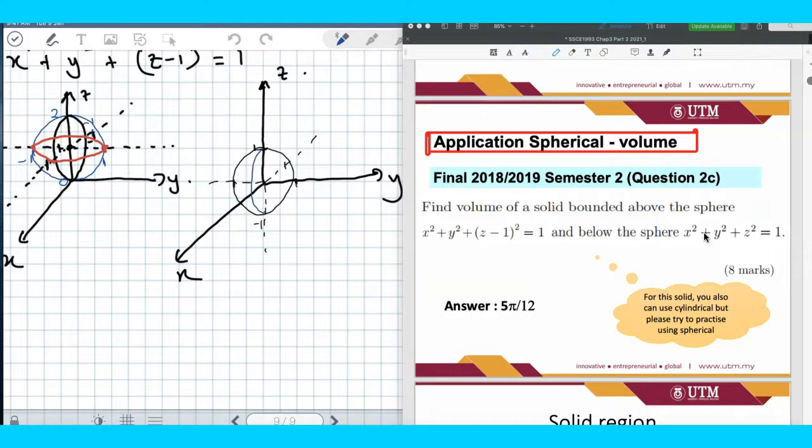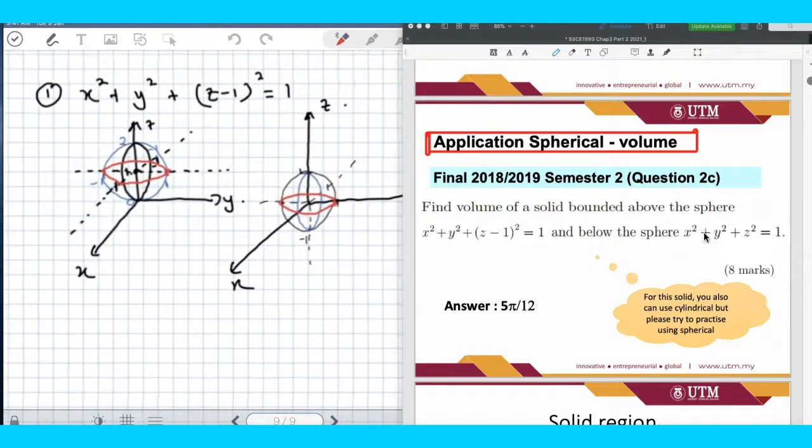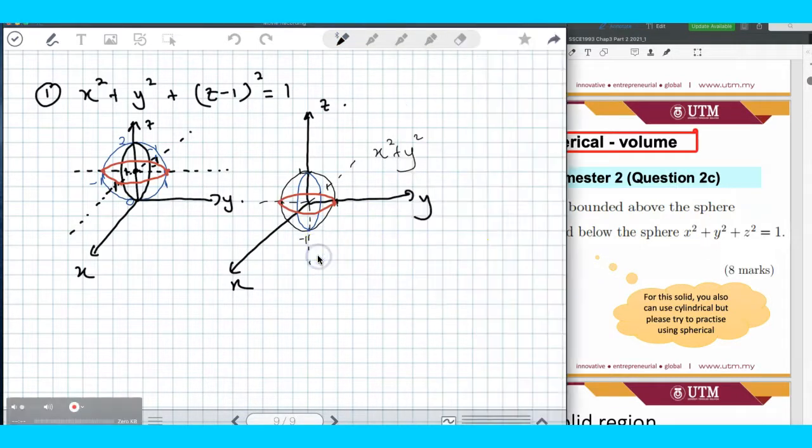This is for x squared plus y squared plus z squared equal to 1.